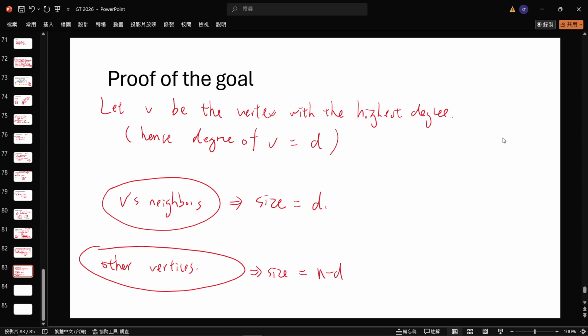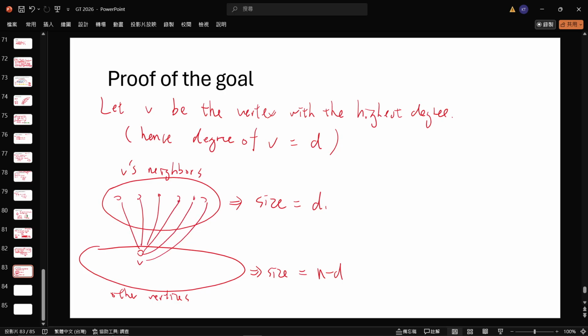So we cannot draw V here. V is in this lower set.